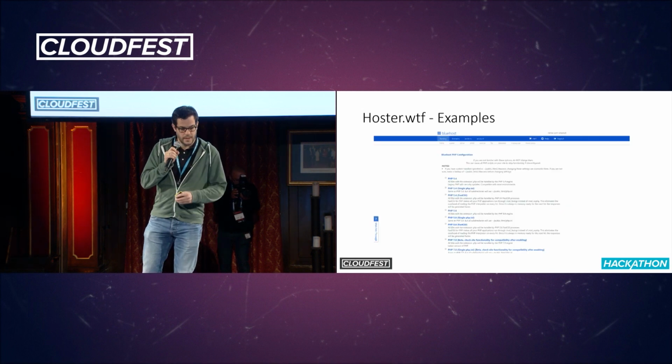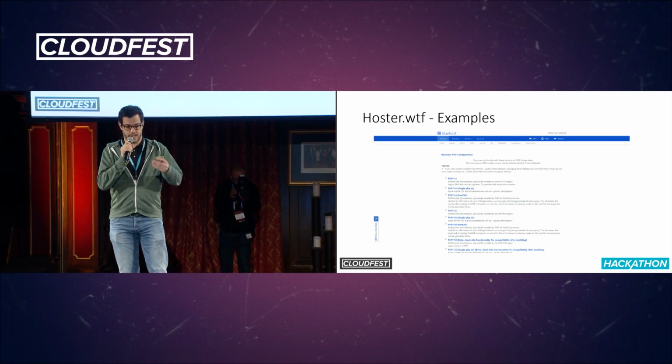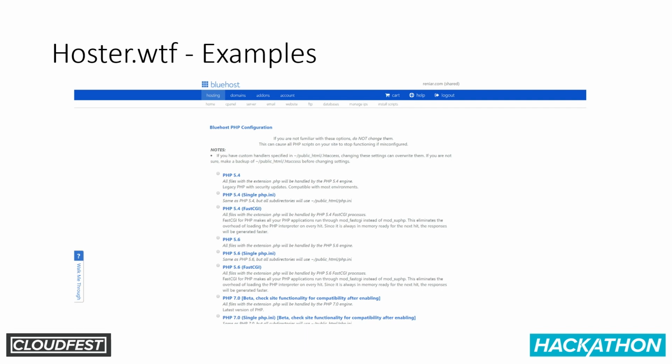And the last one is about PHP versions as an example. This is the list of available PHP versions at a hoster, and that is 5.4, 5.6, and 7.0. So all 3 are unsupported old versions, and there's no possibility to choose a supported version.